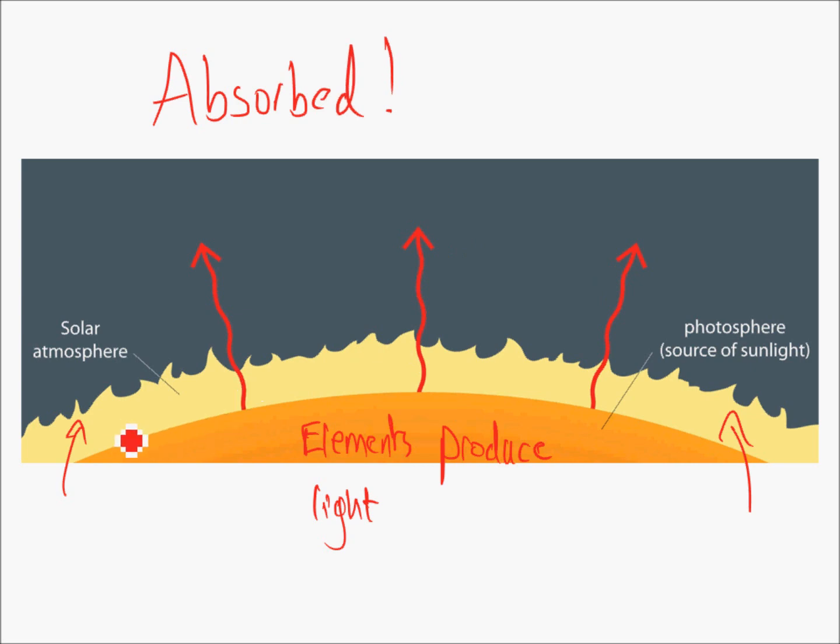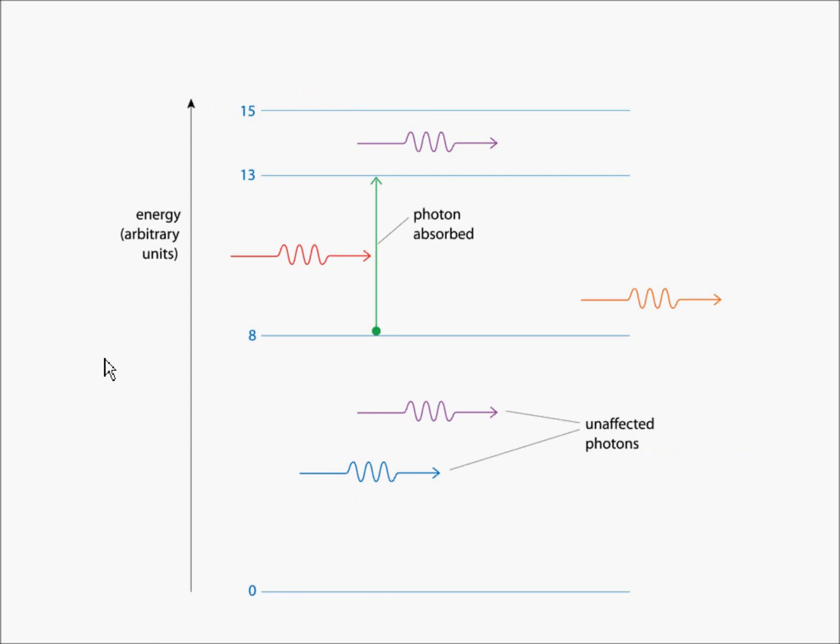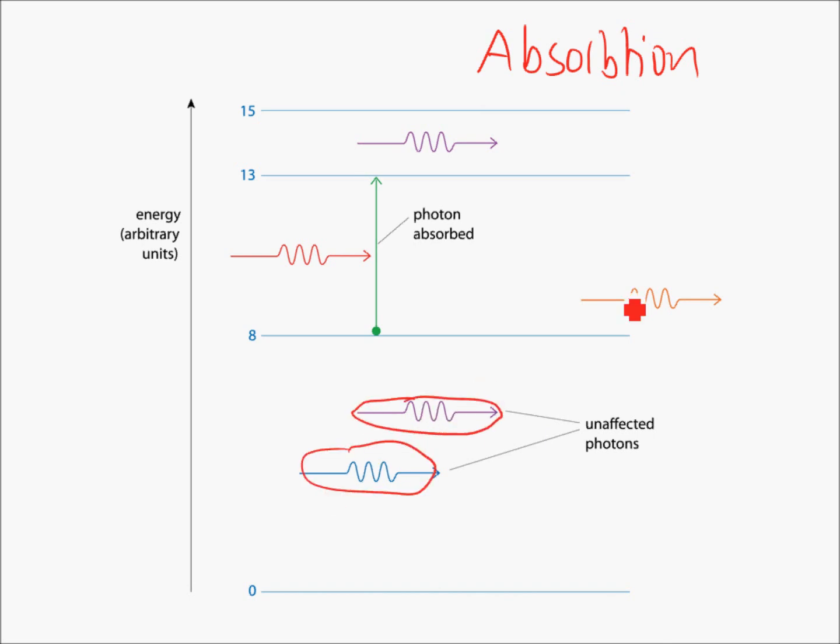And light that is travelling through this atmosphere will get absorbed if it's of the same wavelength as the elements inside this atmosphere. This diagram here shows the absorption. We're getting a load of particles. These photons are all travelling through the gas, and these ones here, their energy does not correspond to this material, to this element, so they pass straight on through.